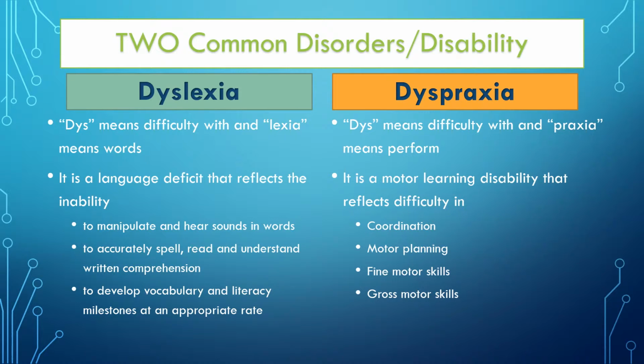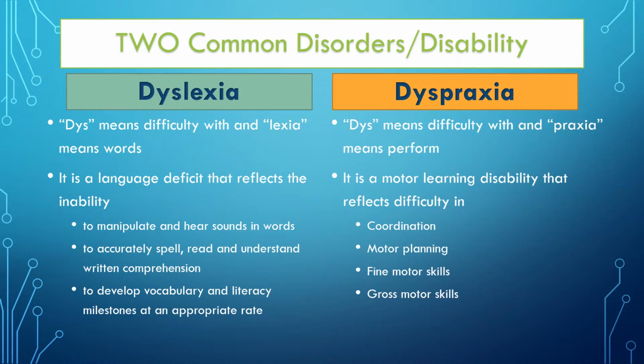There are two common disorders or disabilities: dyslexia and dyspraxia. Dyslexia is a reading disability that affects language due to the child's inability to decode speech sounds. Early intervention is crucial with dyslexia, since there is no cure.